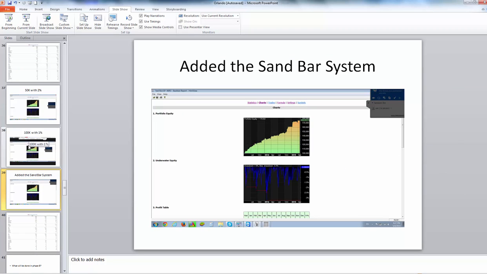Okay, one of the things we did was we did a study, and we said, well, what happens when we take a system that we presently have on Felipe's machine and add the Sandbar system? So we're taking EP and we're adding Sandbar, and this is Sandbar in its probably simplest form. This was very unusual.